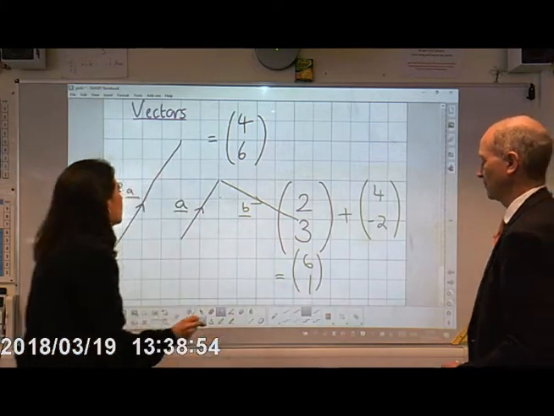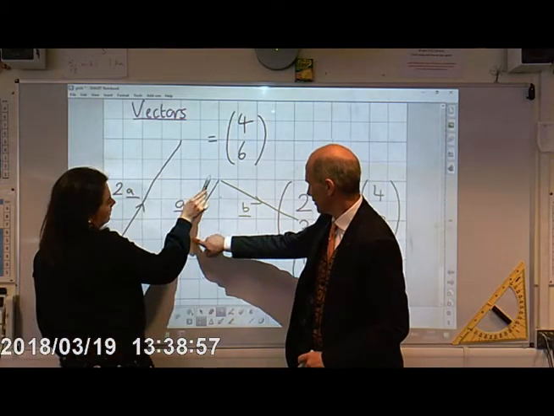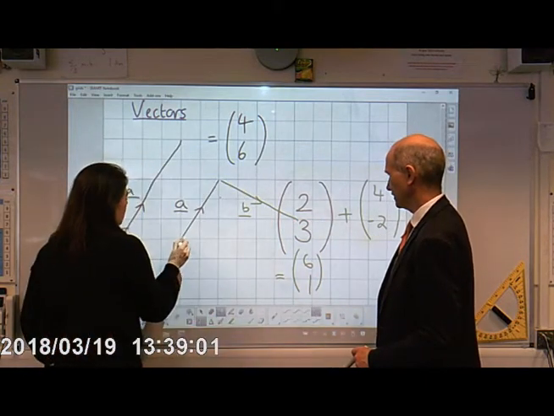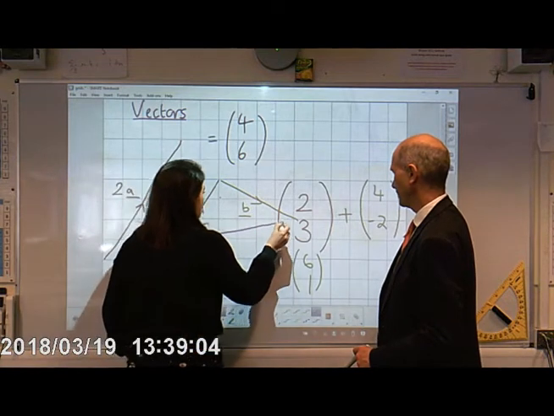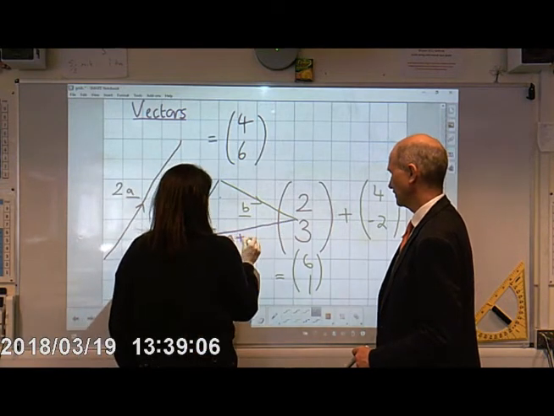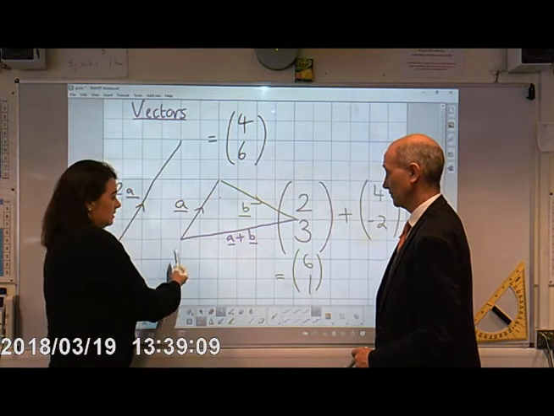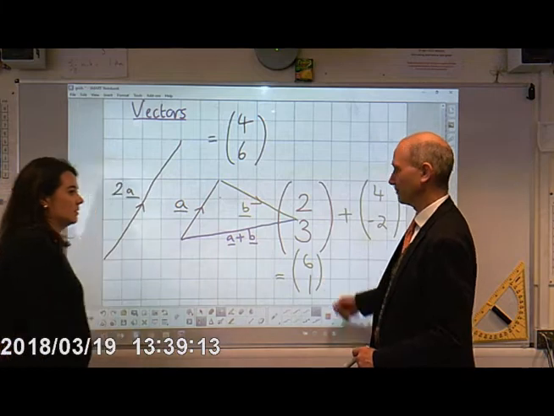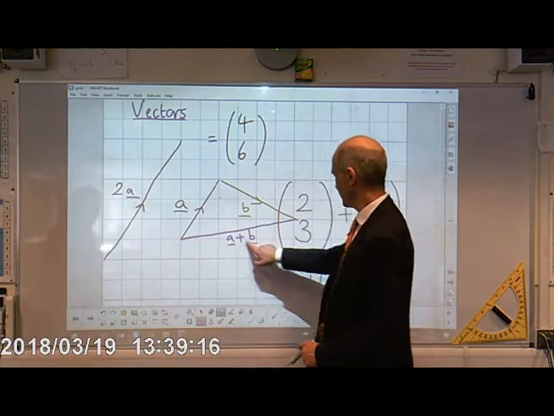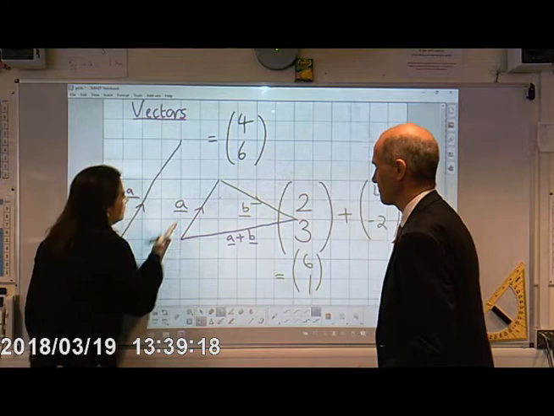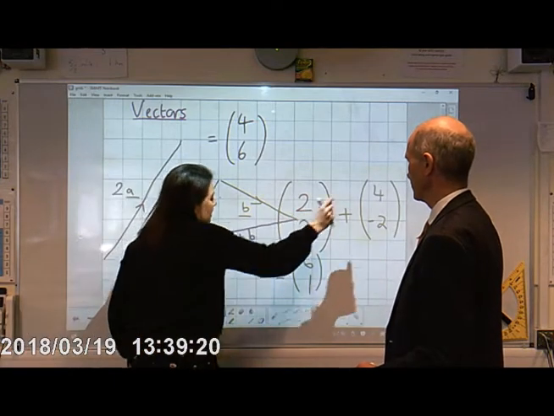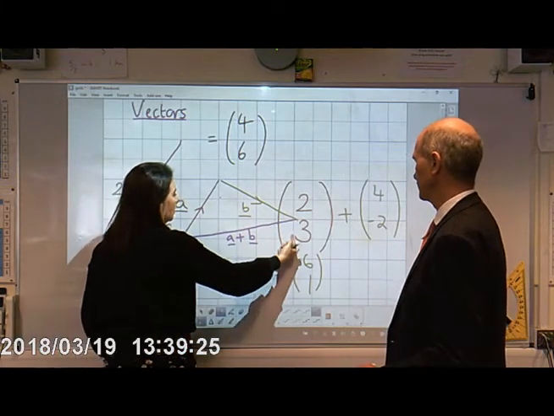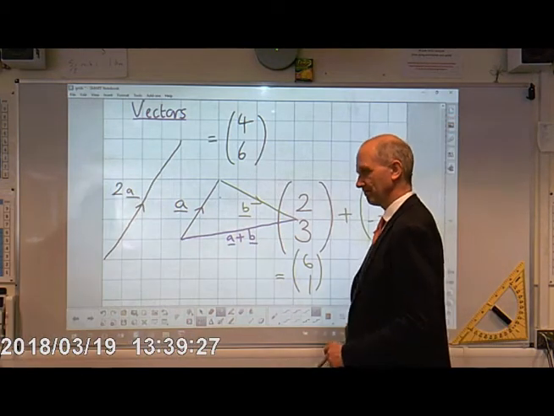So it would be (6, 1). Going along there, and then along there, we get the vector A plus B, which is 6 along and 1 up, which is exactly what we wanted. So we can add the vectors and get (6, 1), but also if you draw the diagram, you can see that that is 6 along and 1 up. Beautiful stuff. Happy with all that?